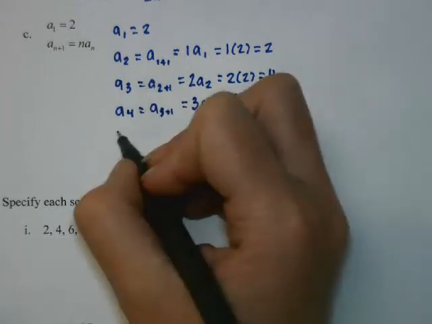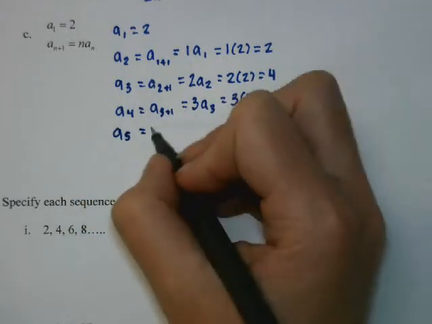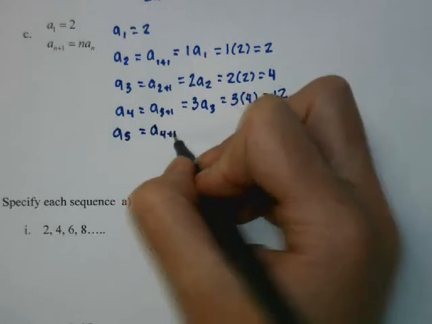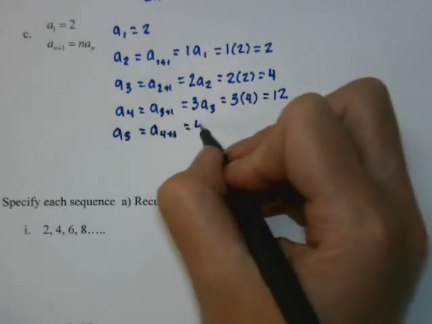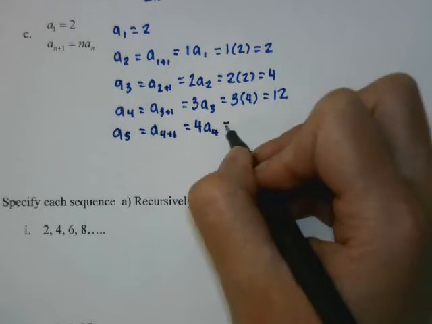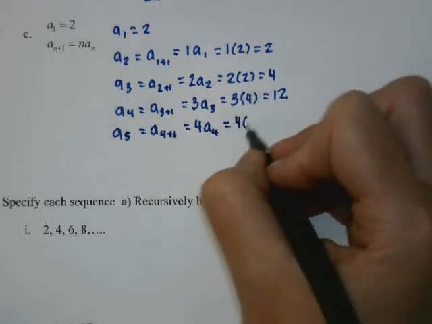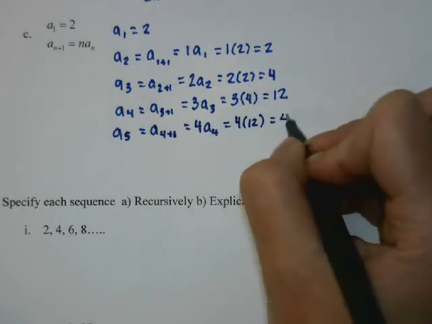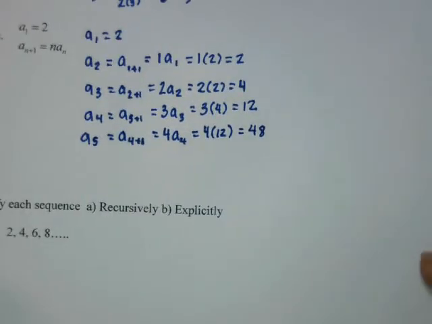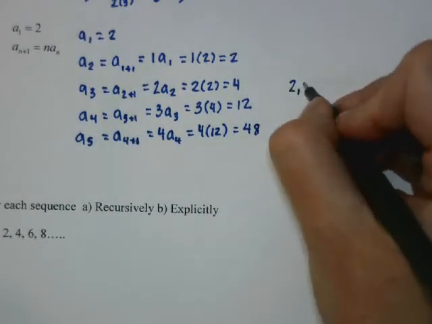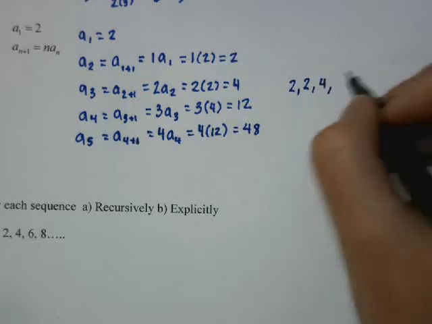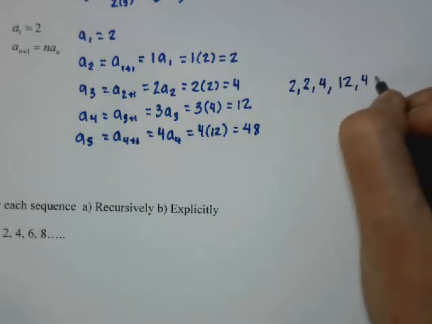And our last one, A5, will be A4 plus 1. So 4 times A4, which will be 48. So this sequence is 2, 2, 4, 12, 48.